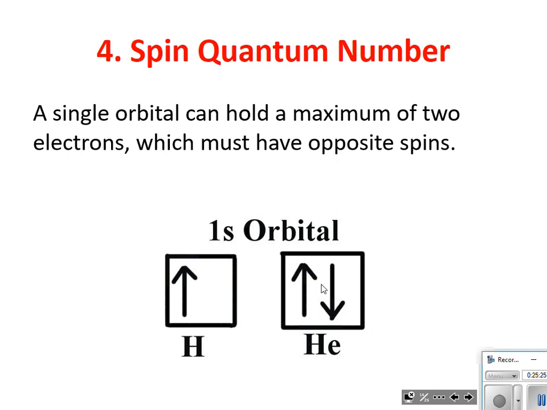So how many are on the d sublevel? 10. Now let's go to the f. The f sublevel has how many orbitals? 7. How many electrons on each orbital? 2. So how many total? 14. Those things are important to get into your mind.